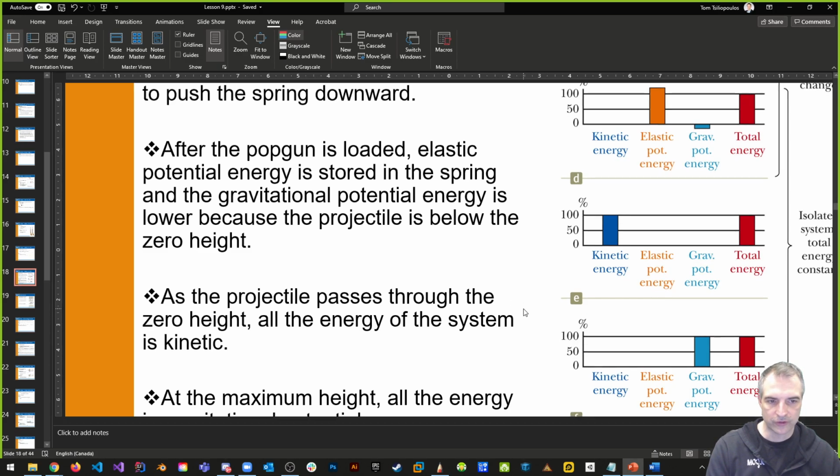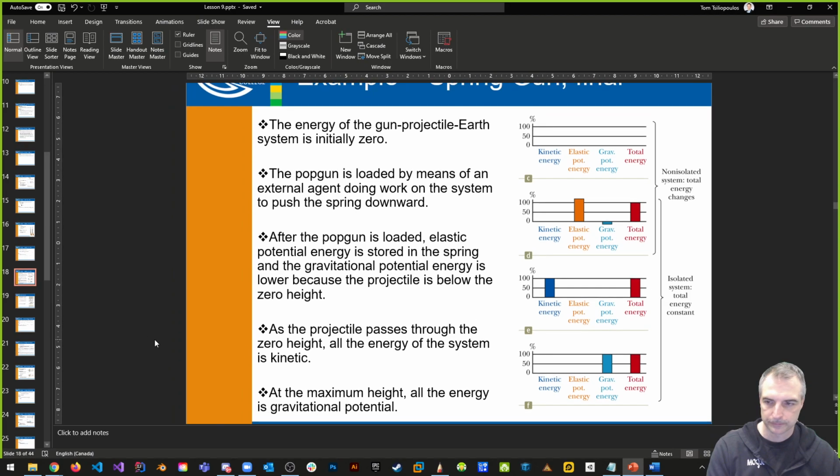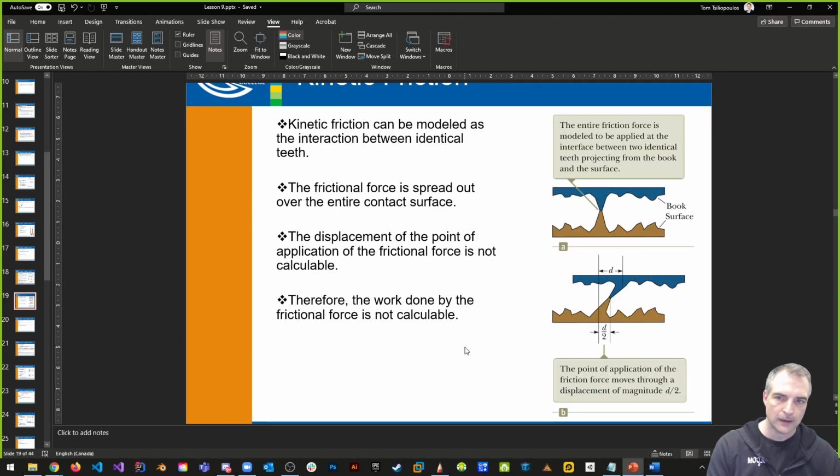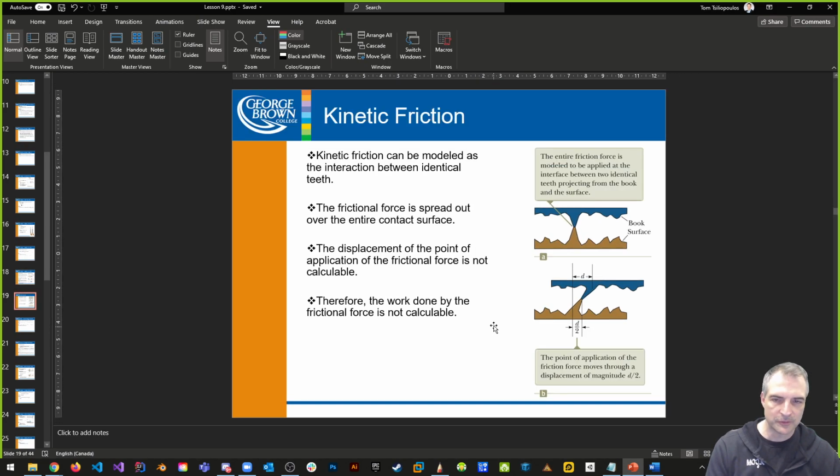Okay, so this is the interesting part about what we're doing. I'm not going to talk too much about this, but there's also something called kinetic friction. And it's interesting, the way they talk about kinetic friction in the book that I used is really like two surfaces have what they call teeth, all right? Because we can't see the teeth in objects, right?